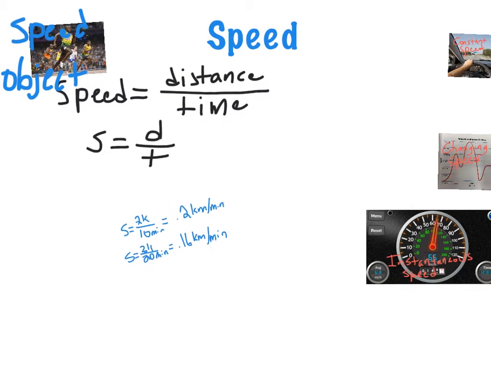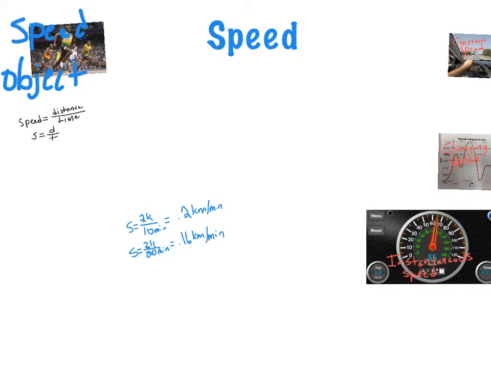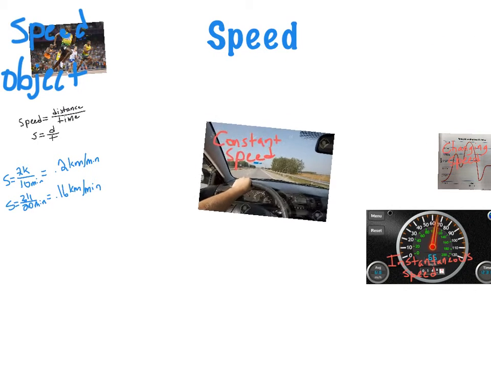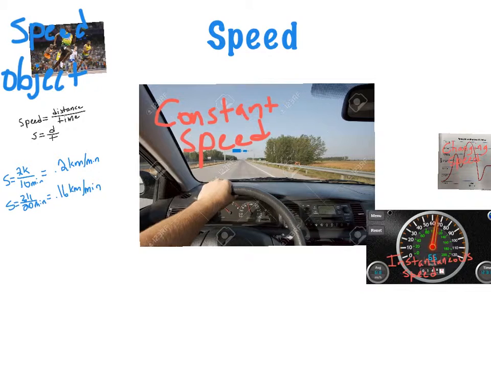Now we're going to shrink these, and we are going to move on to letter D. It says when you are traveling in a car at the same speed always, this is called constant speed. So we have a picture of a car here, and we're moving at the same speed always, so we're at a constant speed. Most of the time when you are traveling, you are not moving at constant speed.